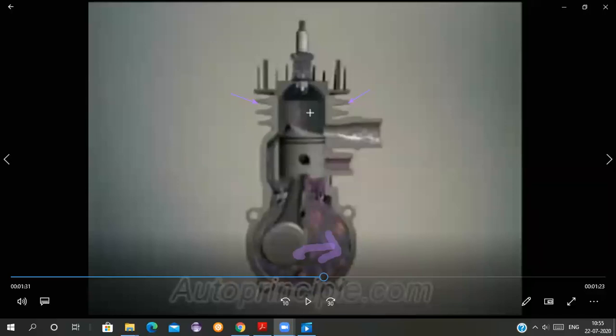Both the inlet and exhaust valves are closed in the power stroke. All of you agree with me? Therefore, the maximum amount of heat is utilized to push the piston downwards totally. Then there is a separate exhaust stroke wherein the exhaust gases are pushed outside.